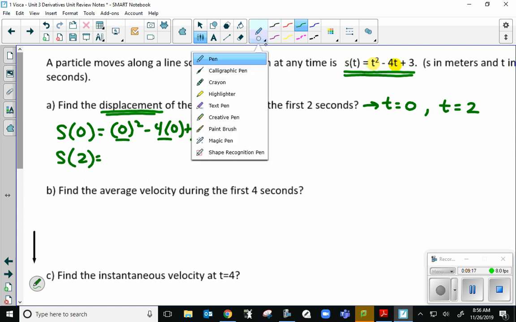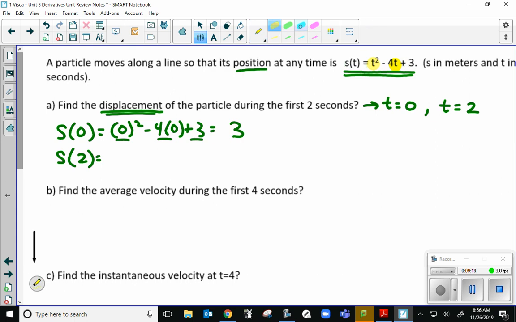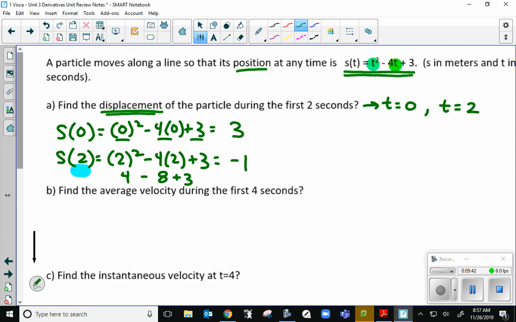Now, my friends, I'm going to throw a 2 into those 2 t's, because I need to find s of 2. So now I've got 2 squared minus 4 times 2 plus 3. 2 squared is 4 minus 4 times 2, which is 8. That's negative 4 plus 3. That would bring me to negative 1.